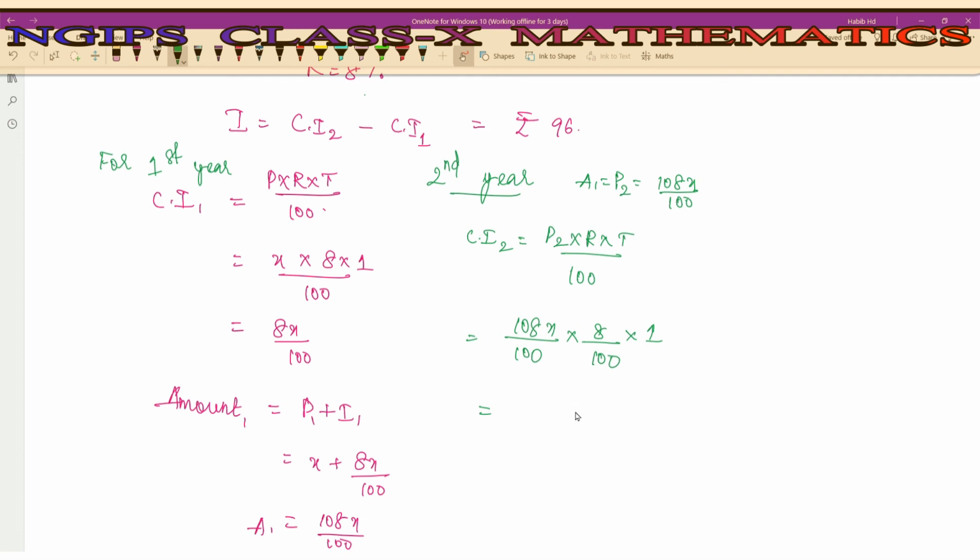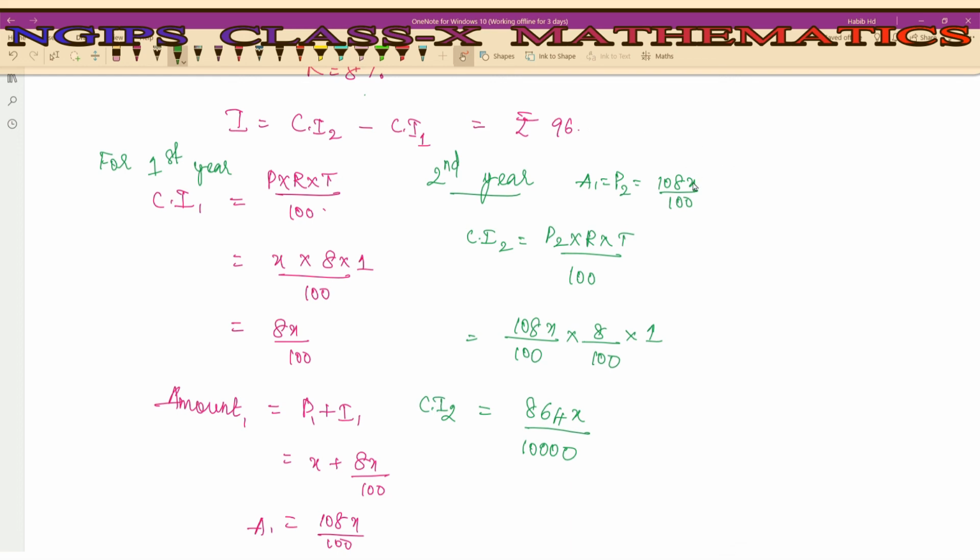In this condition, what we will get here: x, and 8 8s are 64, 4, 6 remainder, 1 8s are 8, so 864x divided by 1 followed by 4 zeros. So this is the second year compound interest.